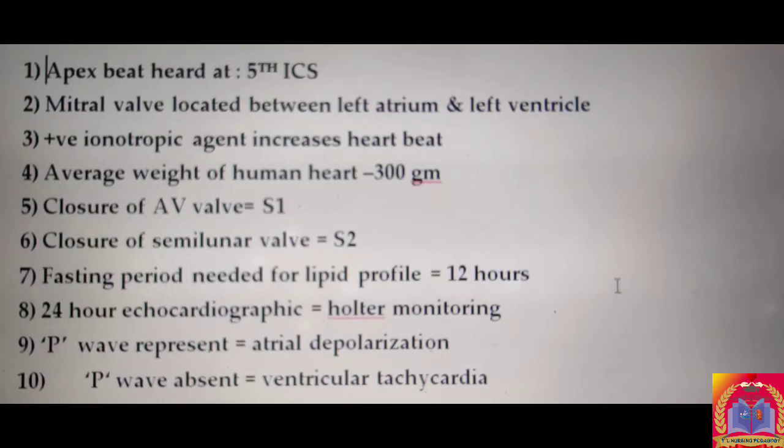Point number 6, closure of semilunar valve is S2 heart sound. Point number 7, fasting period needed for lipid profile, 12 hours. Point number 8, 24-hour electrocardiograph is called Holter monitoring. Point number 9, P wave represents atrial depolarization. Point number 10, P wave absent in ECG means ventricular tachycardia.